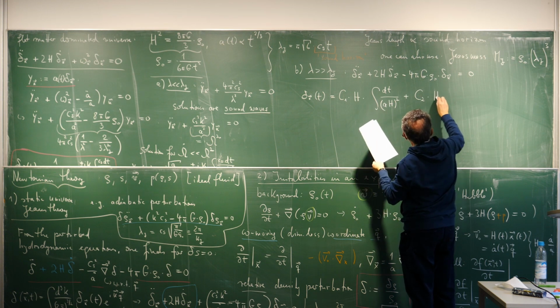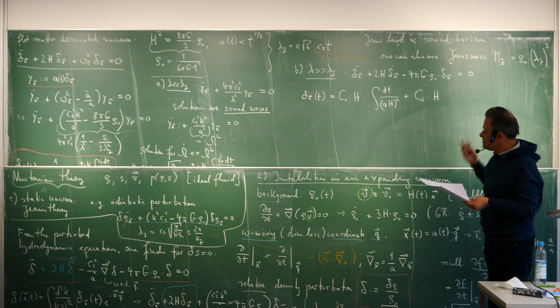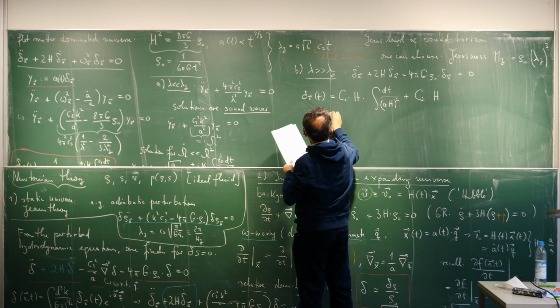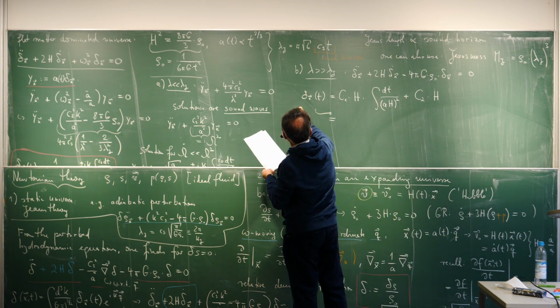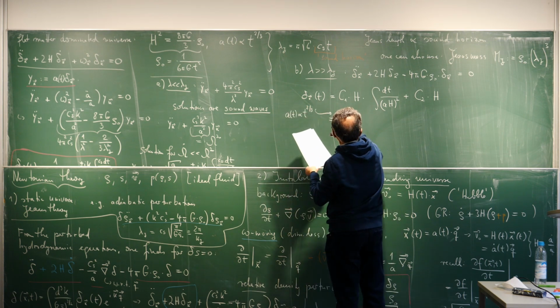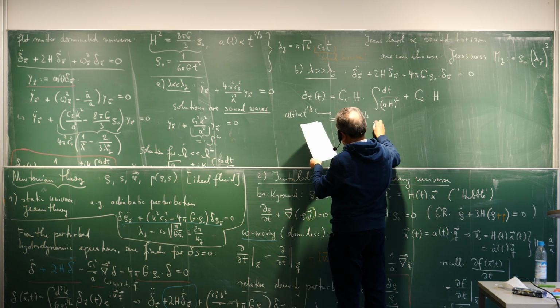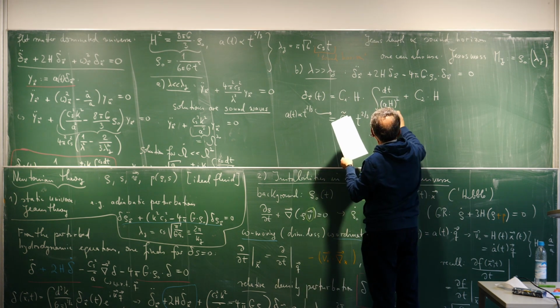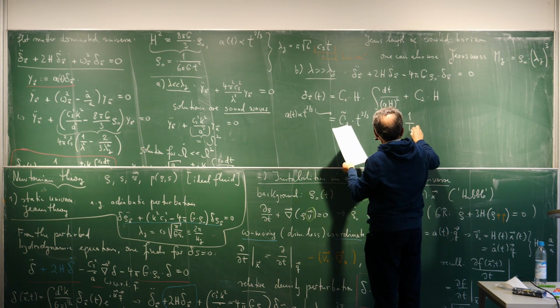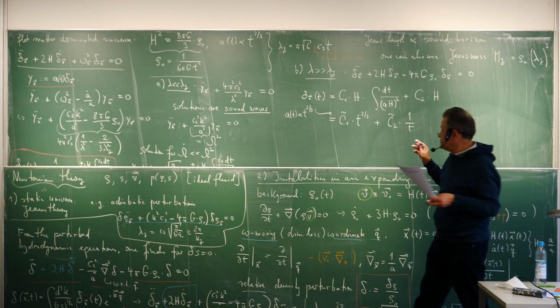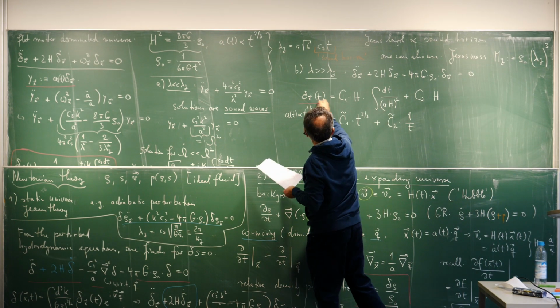Well, this is actually just the Hubble parameter. And if we insert here that A of t is proportional to t to the 2/3, then we get, with some other constants, C1 tilde times t to the 2/3 plus another constant C2 tilde times 1 over t. So that would be the solution of this equation for very large wavelengths.